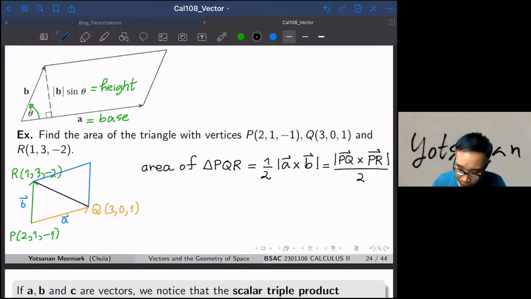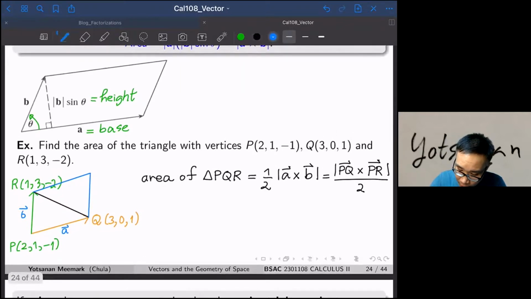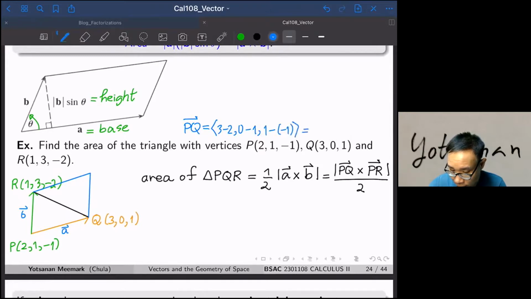Let me find PQ and PR here. So PQ is going to be Q first, subtract P. So it's going to be 3 minus 2, 0 minus 1, and 1 minus 1. So this will be 1, negative 1, and 0. Hmm, actually 1 minus 1 is 0, but that is my PQ as stated.